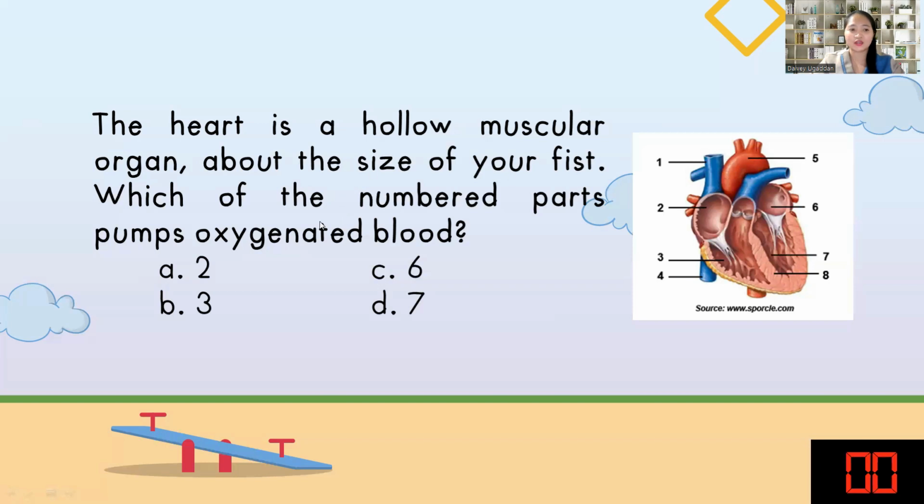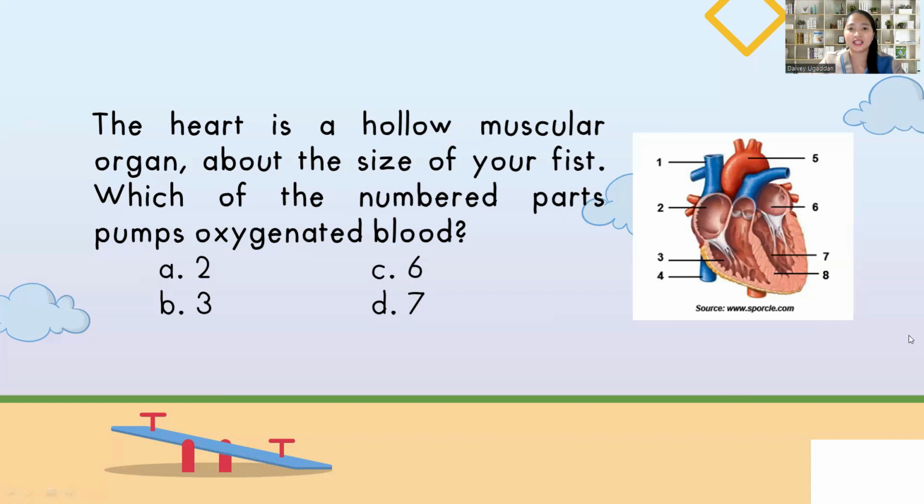Alright, let us analyze the question. Which of the numbered parts pumps? So the word pumps has something to do with the structure of the heart or the chambers of the heart. Remember, the pumping chambers of the heart are the ventricles. Now, there are two ventricles. We have the right ventricle and the left ventricle.